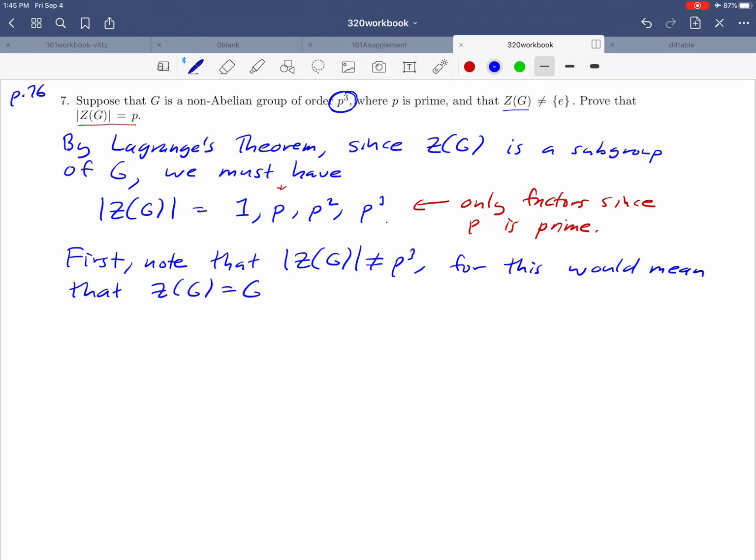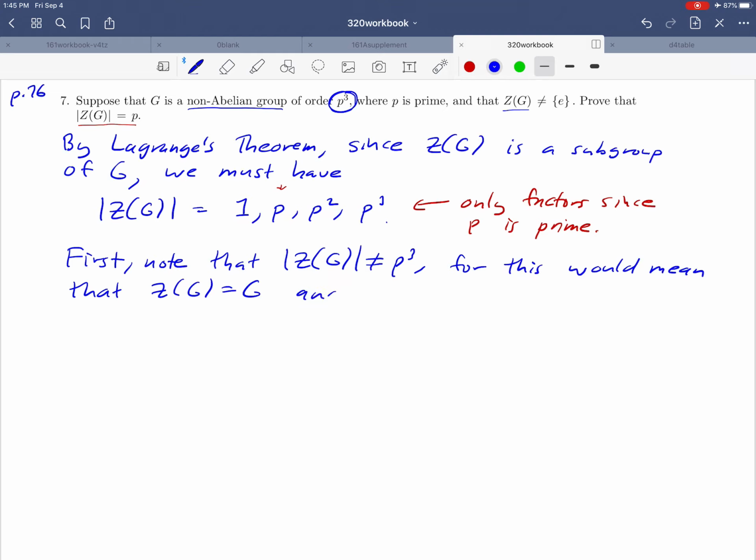What would that mean? The center is all of the elements that commute with everything in the group. So if the group equals the center, all of the elements in G commute with all of the other elements in G. That's just another way of saying that G is an abelian group, and in our hypothesis, we assume that G is non-abelian. That would be a contradiction.